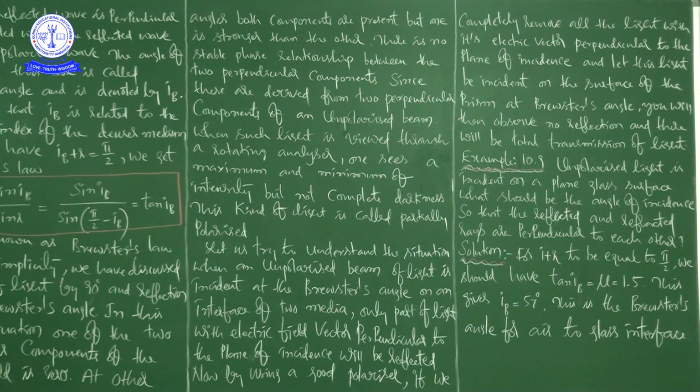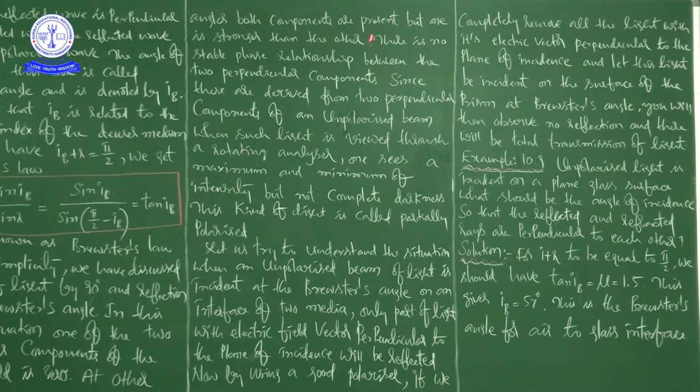So you can say mu is equal to sin i by sin r, that is the second law of refraction. The first law of refraction is that the incident ray, refracted ray and normal lie in the same plane. The second law is that the ratio of the sine of the angle of incidence to the sine of the angle of refraction is constant.